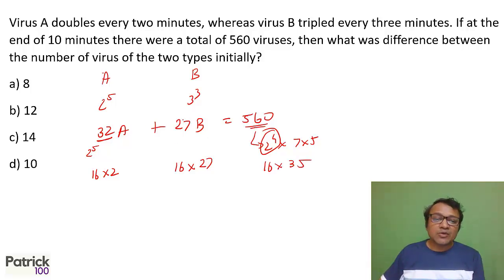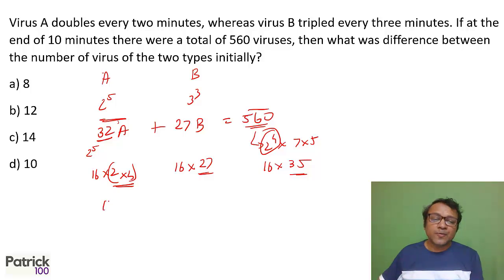If the first is a multiple of 16 and the last is a multiple of 16, then the middle also has to be a multiple of 16. So B has to be 16 or a multiple of 16. I take 16. The only way to make it equal is to multiply A by 4, because 8 plus 27 becomes 35.